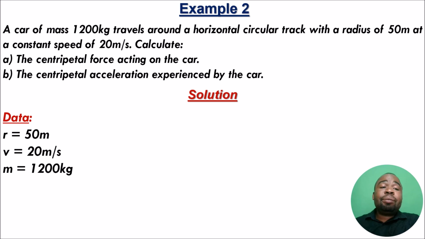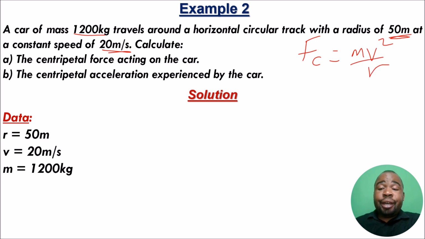So let's collect data. We are given the radius 50. We are given the speed 20 meters per second. We are given the mass of the car. And for us to find centripetal force, we have already said Fc is mv squared over r. You need this equation if you are doing A2.